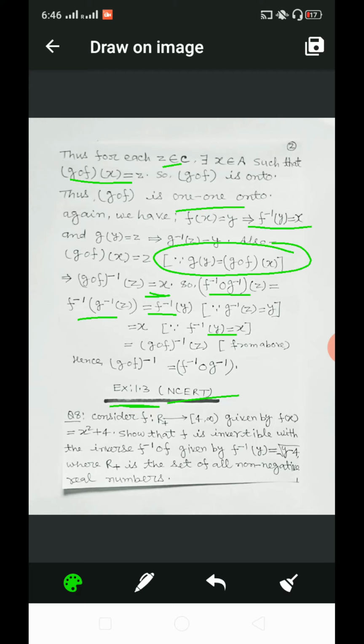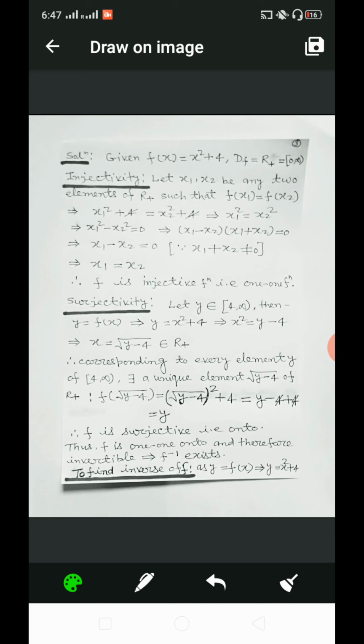Consider function f from R plus to the right half open interval [4, infinity) given by f(x) is equal to x square plus 4, so that f is invertible with the inverse f inverse given by f inverse of y is equal to square root of y minus 4, where R plus is the set of all non-negative real numbers.